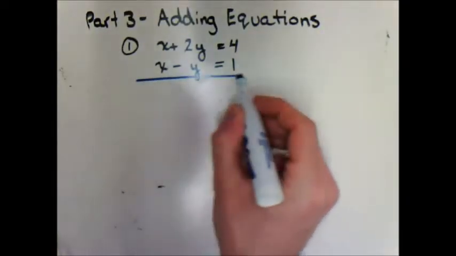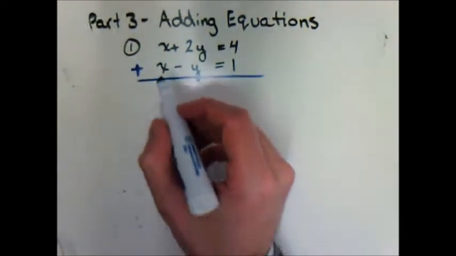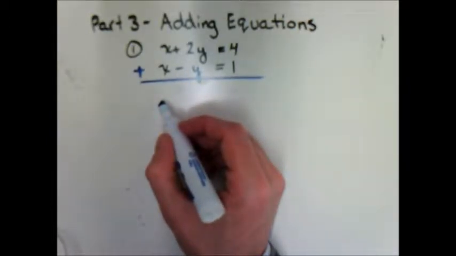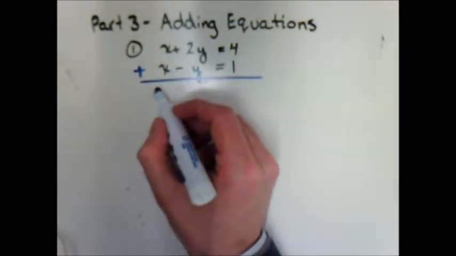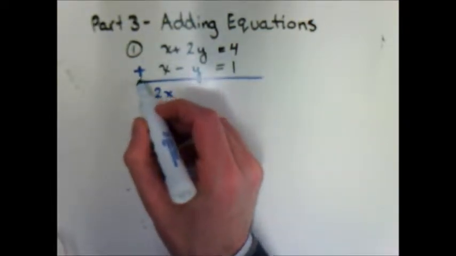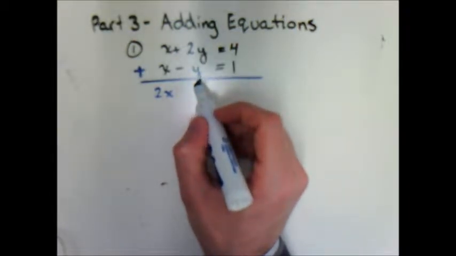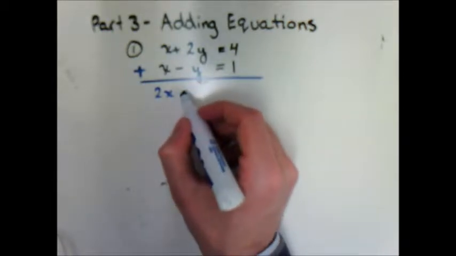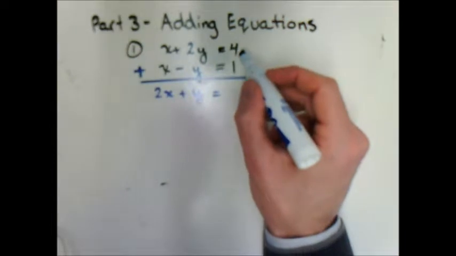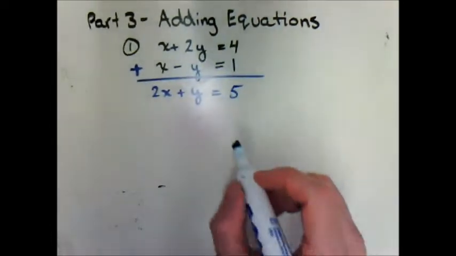So we can do this just like any old addition problem. We've got x plus x. What is x plus x? 2x. We've got 2y plus negative y. So that's the same as saying 2y minus y. It's just one y. So we have plus y. And on the right side, 4 plus 1 equals 5.